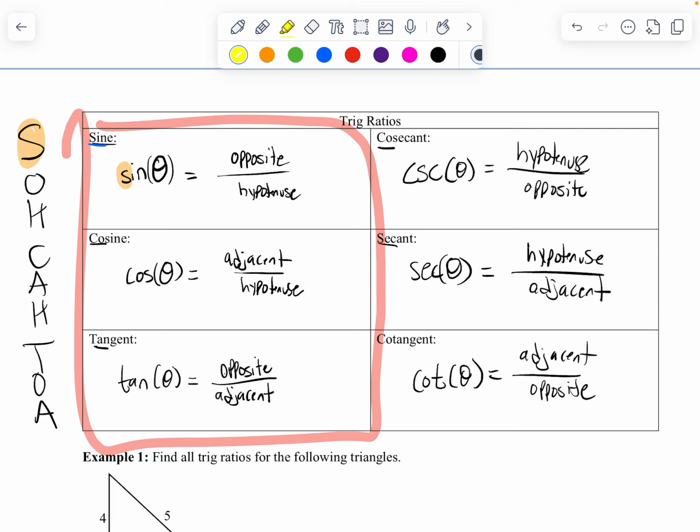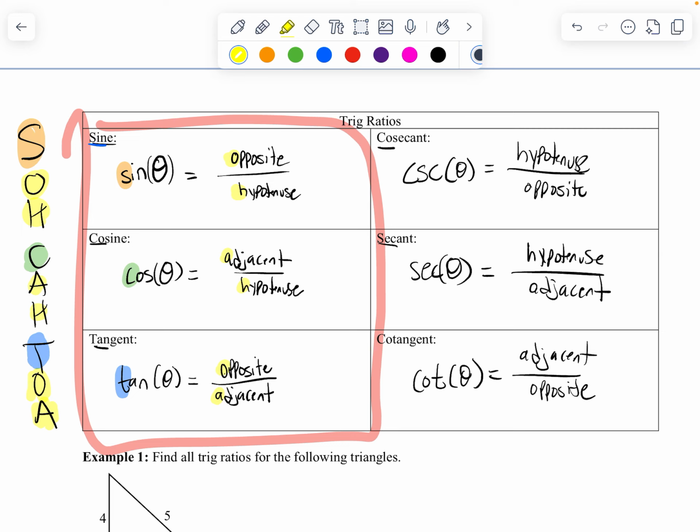The O and H represent the sides of the triangle that it compares. So S, sine, opposite over hypotenuse. C, cosine, which is the adjacent over hypotenuse, the AH. And then we have tangent, T, representing the opposite over adjacent, OA. Okay, SOHCAHTOA, they're your main three trig functions.